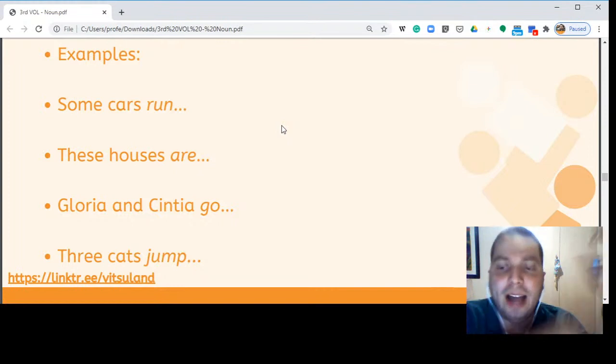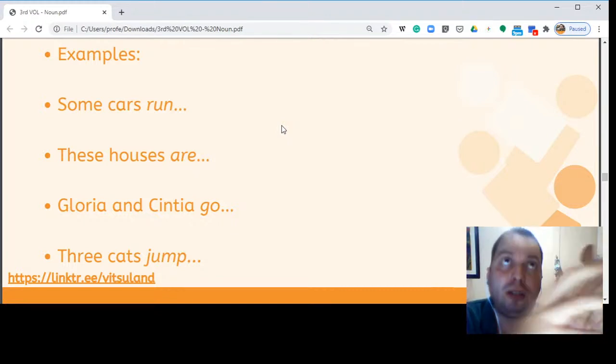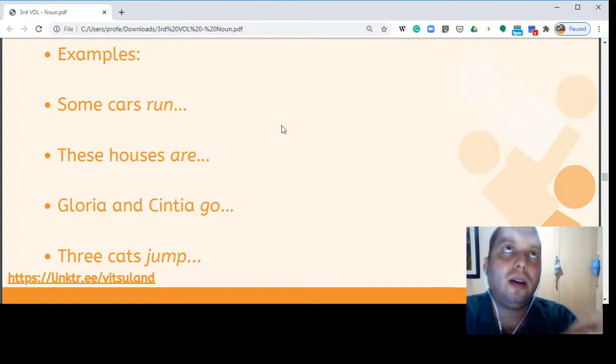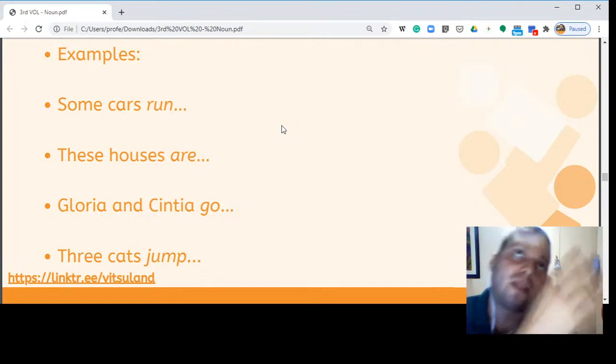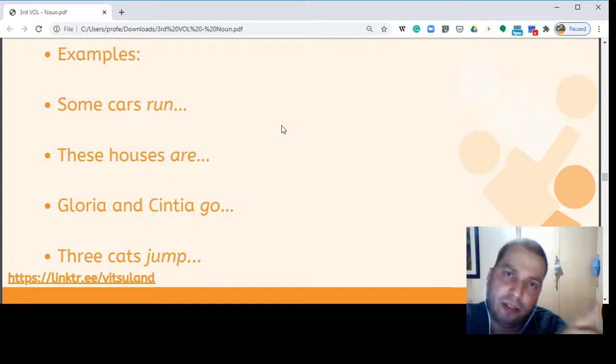When we have a noun, a word, an idea, a concept, an expression, this noun is going to do something, or it is going to suffer some kind of action, as in a passive voice, for example.